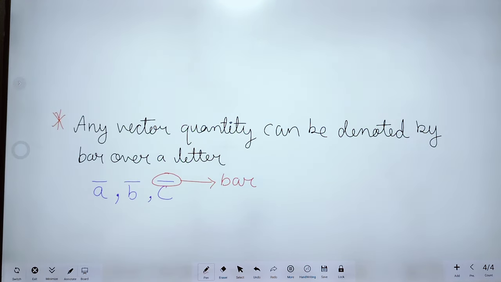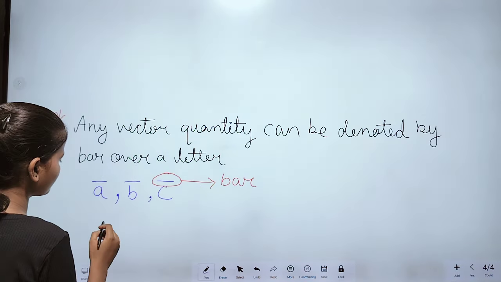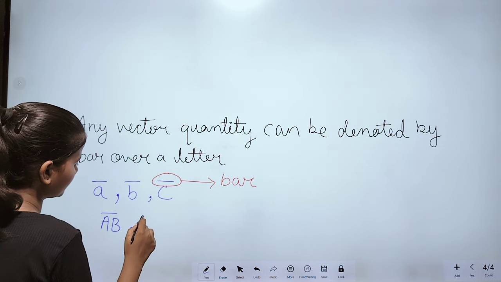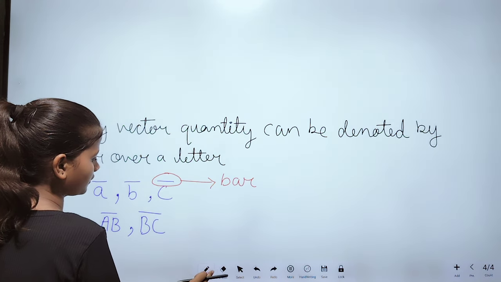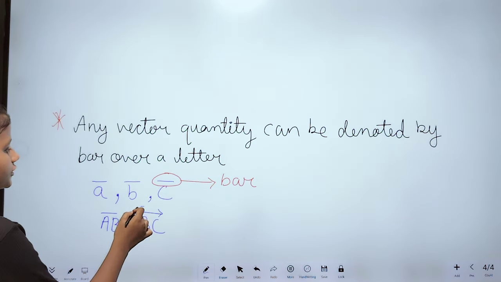Okay. So a vector quantity can also be denoted by a bar over a letter. Okay. AB vector, BC vector. Okay. Sorry. This one is also true.